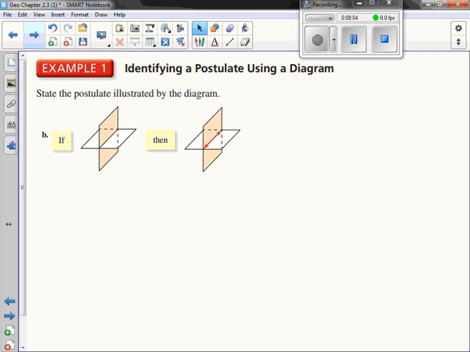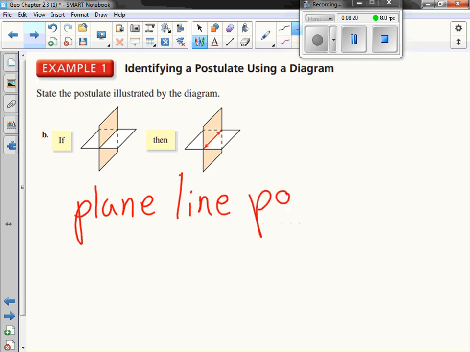So we have 2 planes, and I highlighted a line where they cross. So what is this here? I think you got it right the first time.